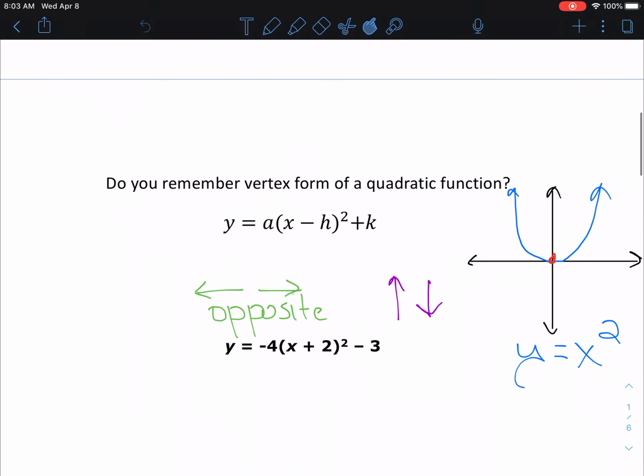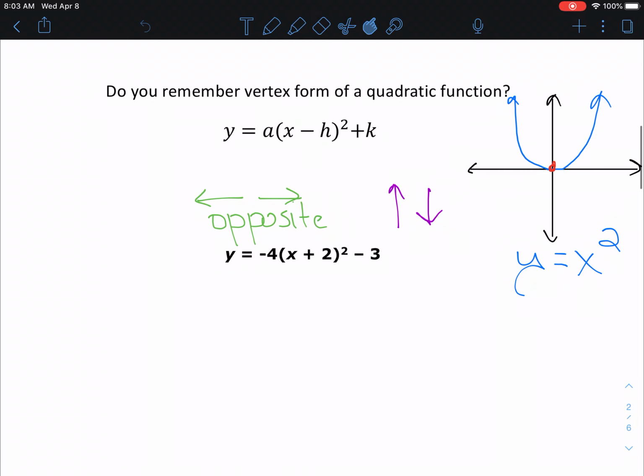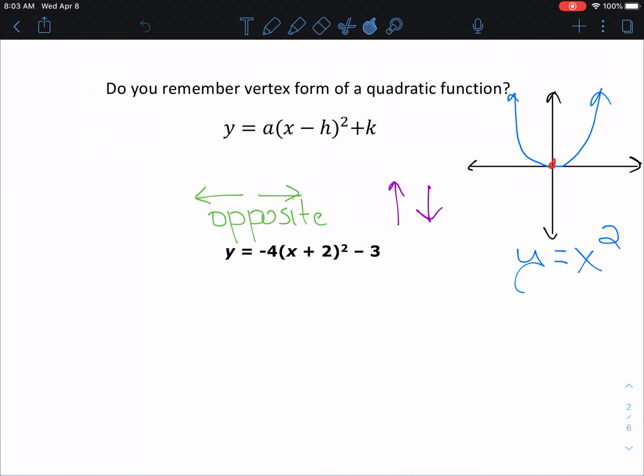All right, so before we get going, back in your Algebra 2 days, you saw this form right here. This is called vertex form of a quadratic function. A couple of things I wanted to highlight: you might remember that this h value moved the graph left and right, and it was kind of opposite of what you thought.